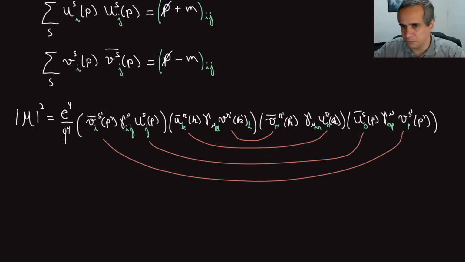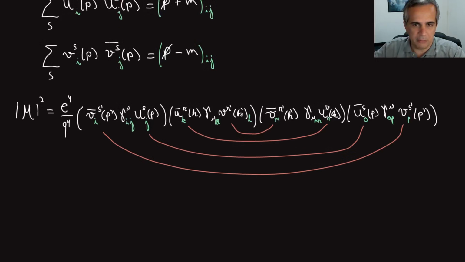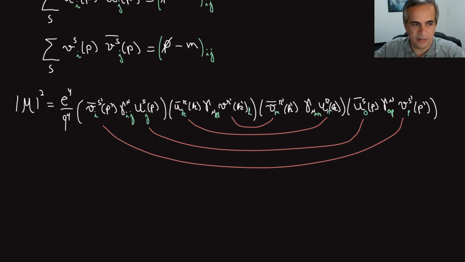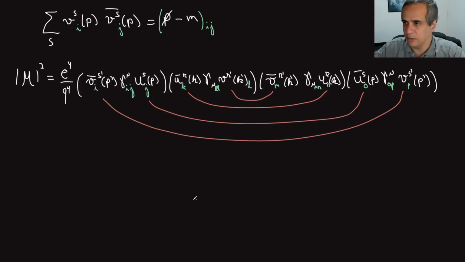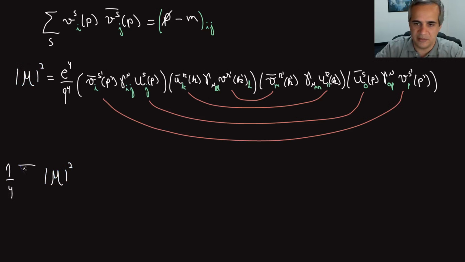So now let me write all of this, right? So now I'm talking not about m squared anymore, but 1/4 of the sum over S prime, R and R prime of M squared.